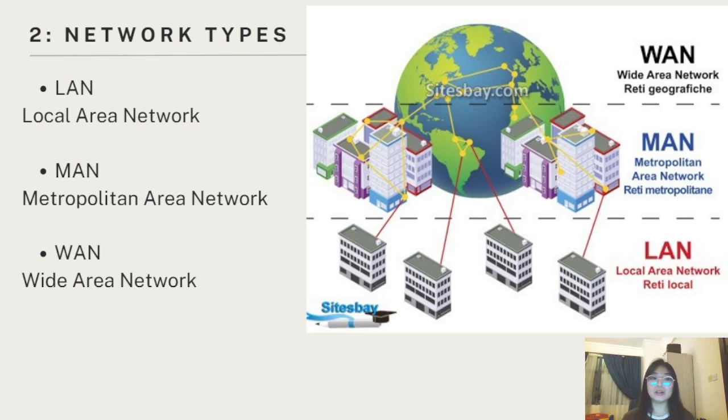Then MAN, on the other hand, covers cities or campuses, larger than a LAN but smaller than a WAN, because WAN is the widest area that can be covered. This is a network that spans large geographic areas, connecting multiple LANs, like the internet.